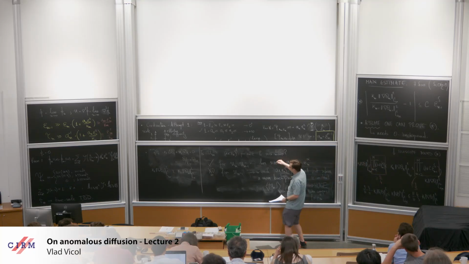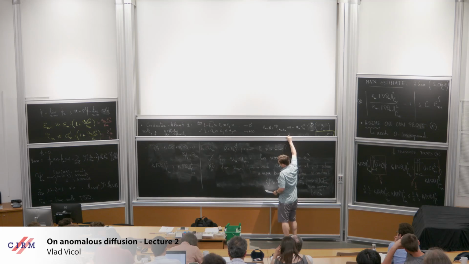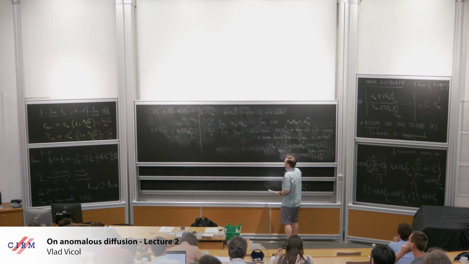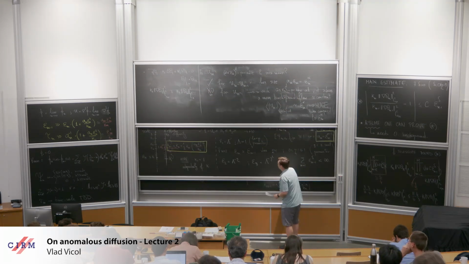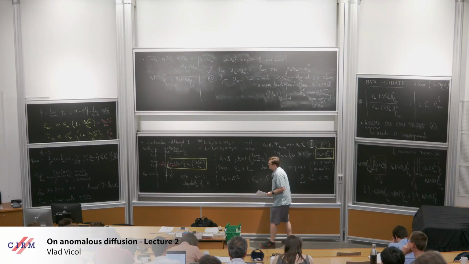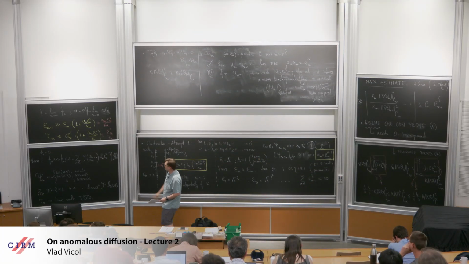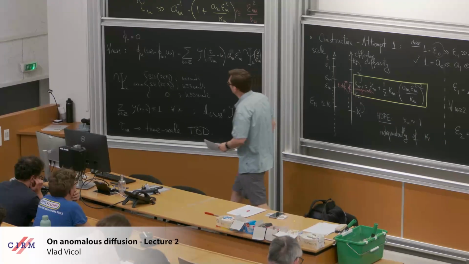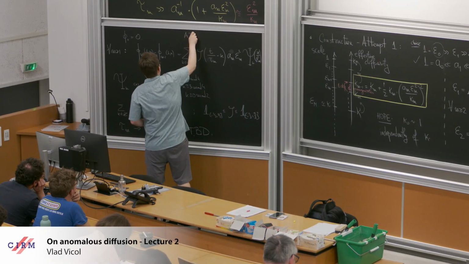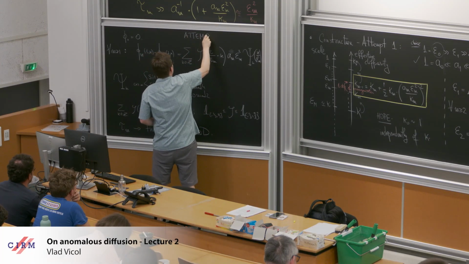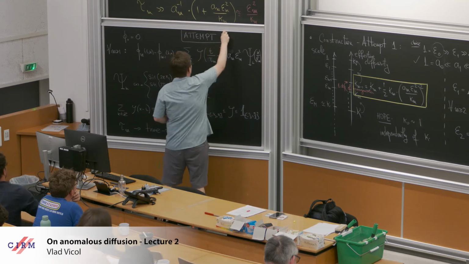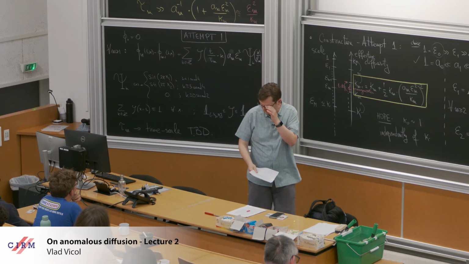And that's attempt 2. So I'm going to erase this, and I want to compare what I'm about to write to the old attempt. So this is attempt 1. And now let's do attempt 2.